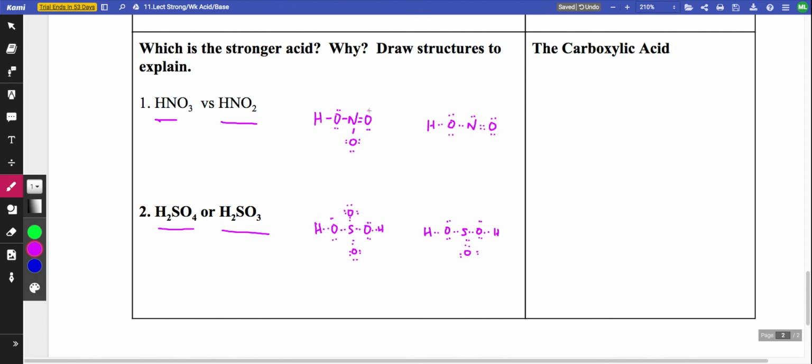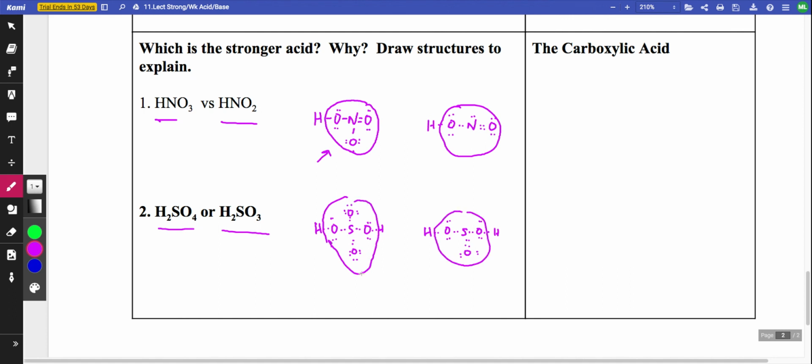So here, since this has 3 oxygens versus 2, obviously this is the stronger acid. This one has 4 oxygens versus only 3. That means this is the stronger acid. And also notice that H2SO4 is diprotic, which means one H can come off at a time.